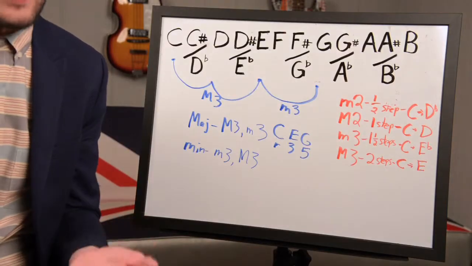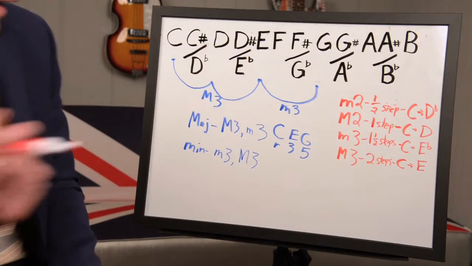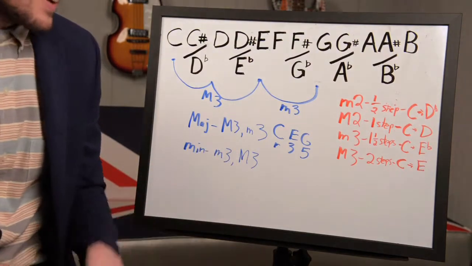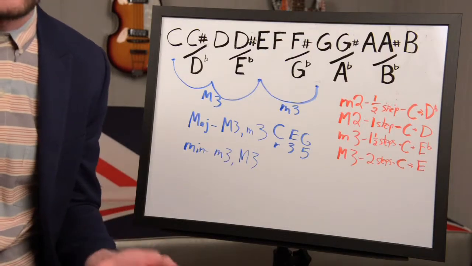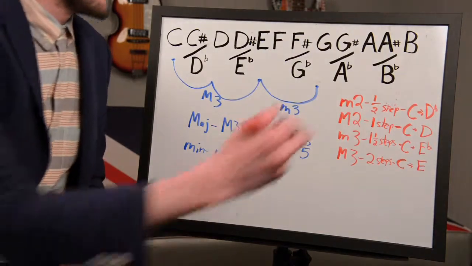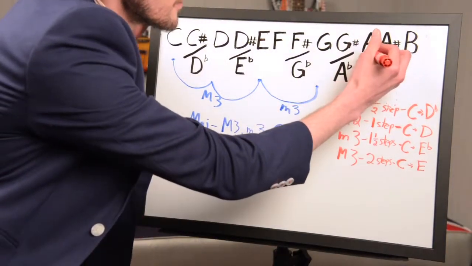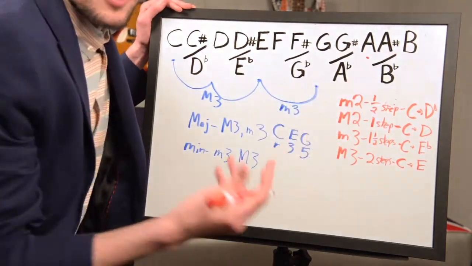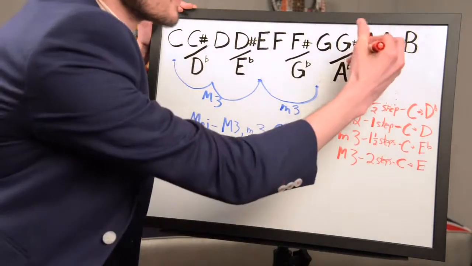So now let's say we want a minor chord. Okay, so again, a minor chord is a minor third and then a major third. And let's say we want an A minor chord. So we'd start from A, then we move up a minor third. So again, that's a step and a half.